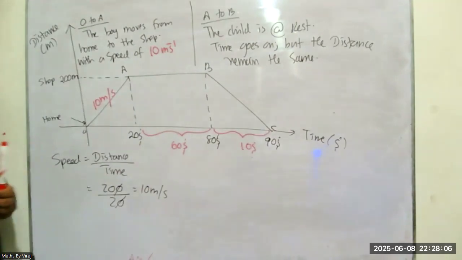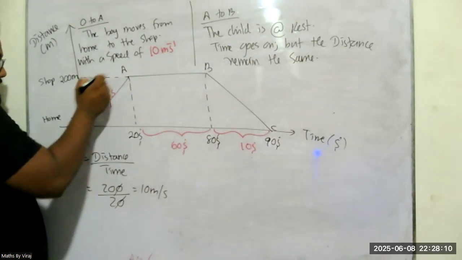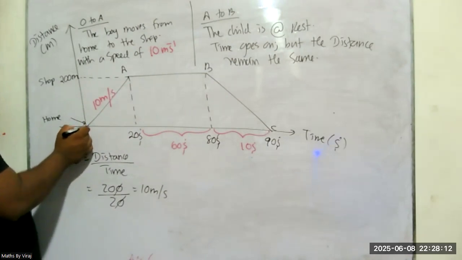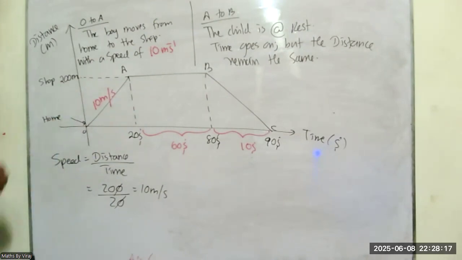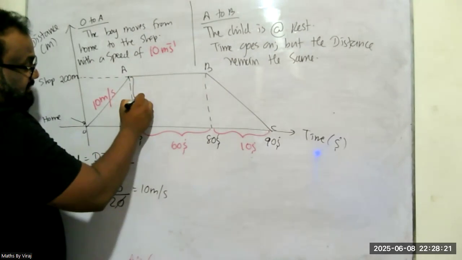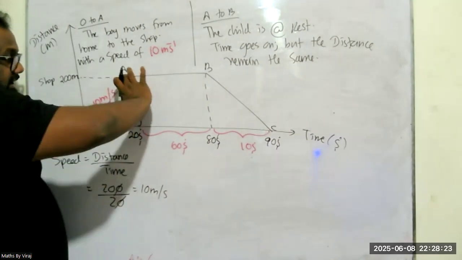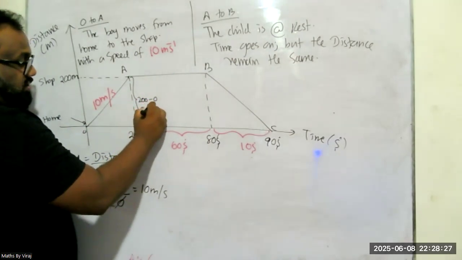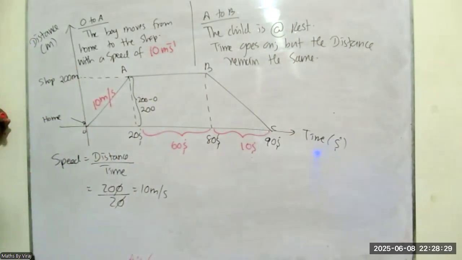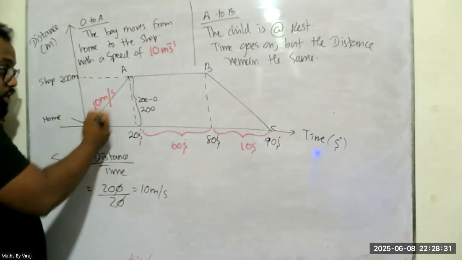If the distance remains the same, you see that from O to A, there is from 0 meters to 200 meters, there is a certain distance that has been traveled. Correct or not? If I take this as my y, what height has it reached? 200 minus 0, 200. Yes or no? Because there is a slope.